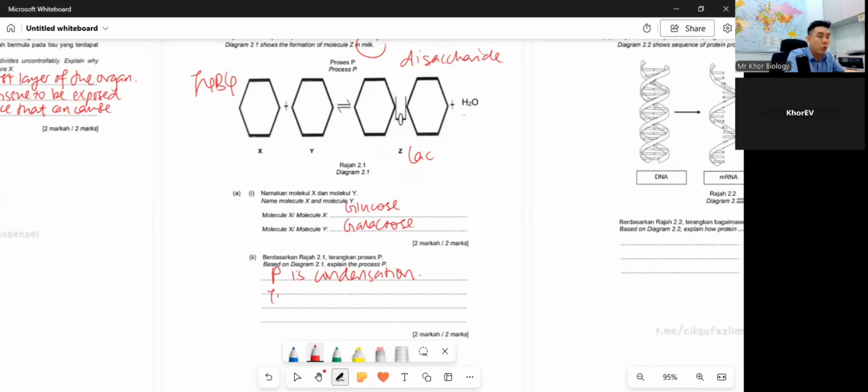We say that two monosaccharides will combine to form a disaccharide.